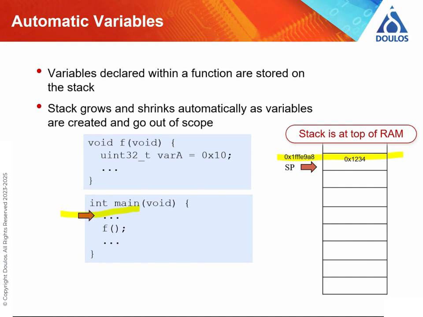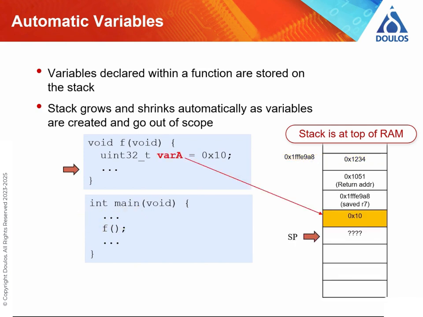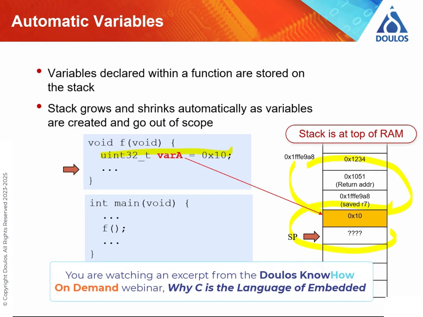If we then stepped into function f, when we get into function f, you may notice that the stack actually has new values written to it. That will include things like any registers that need to be saved, the return address, so the program knows where to return at the end of that function, and for our discussion here, a block of memory that's going to be used to represent any variables which are going to be used inside that function.